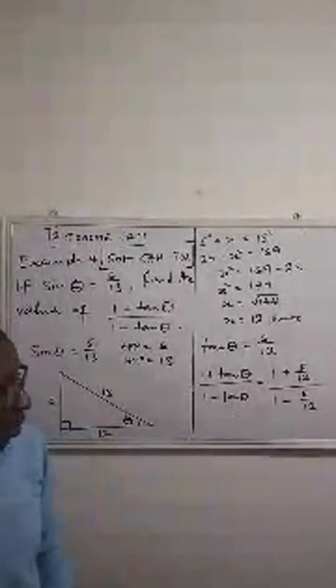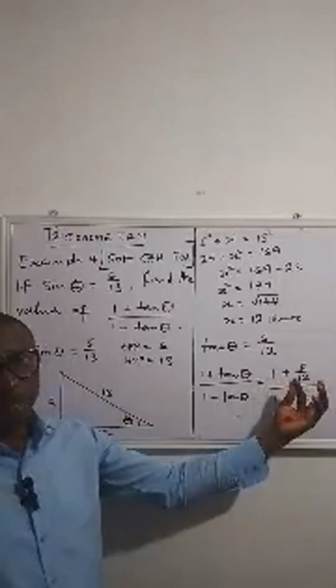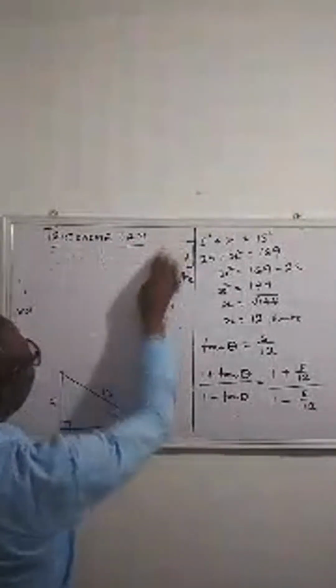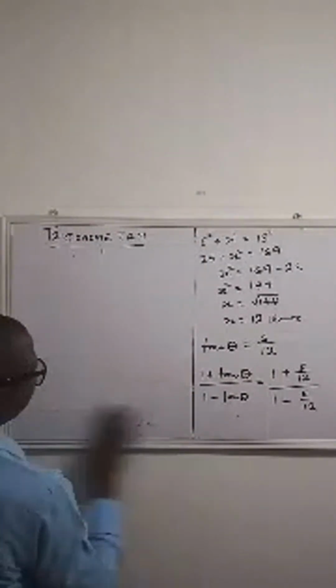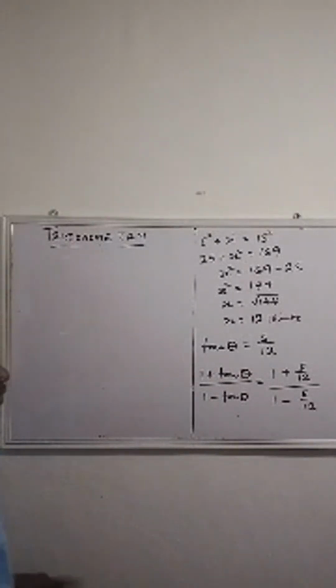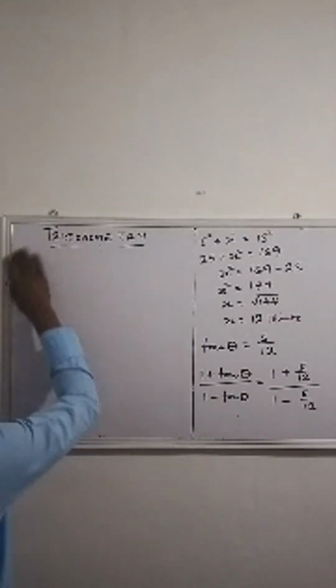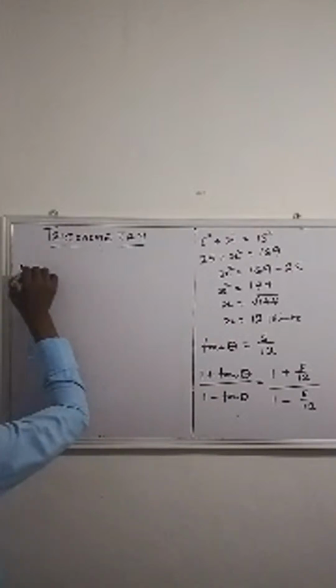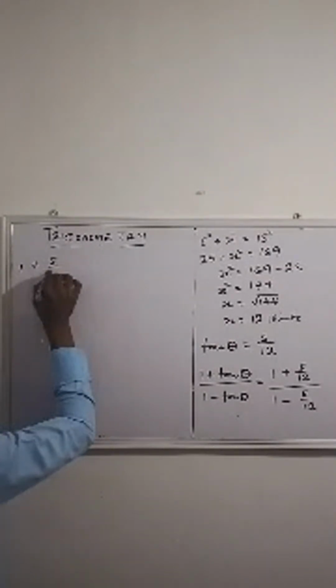Okay, so now we tidy up the numerator and the denominator. So let's do that. Right, so let's do the numerator first. We have 1 plus 5 over 12.